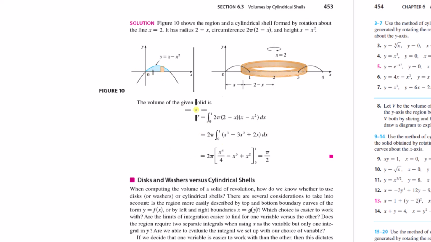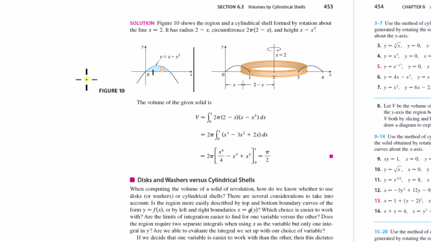And something to point out here that we didn't see in the previous section was how we used the x coordinate as part of the formula for the quantity of the differential element.